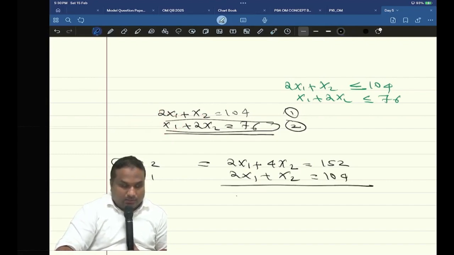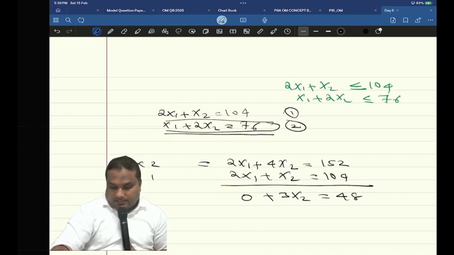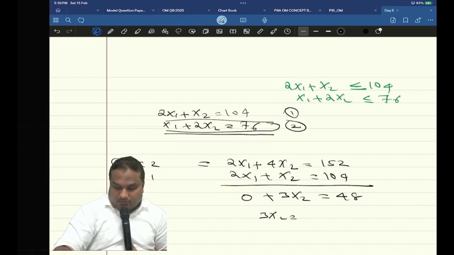Now 2x1 minus 2x1 is 0, and 4x2 minus x2 is 3x2. 3x2 equal to 152 minus 104, which is 48.